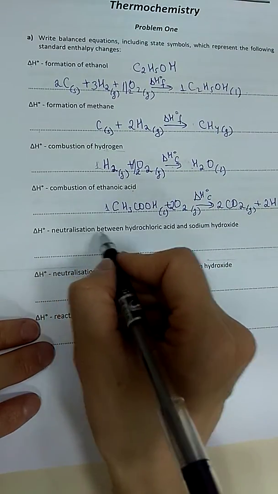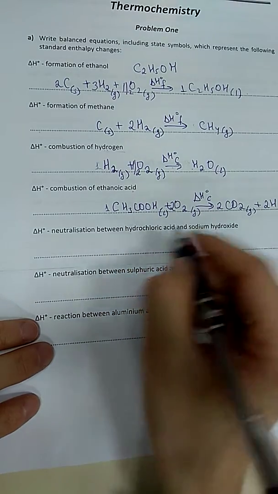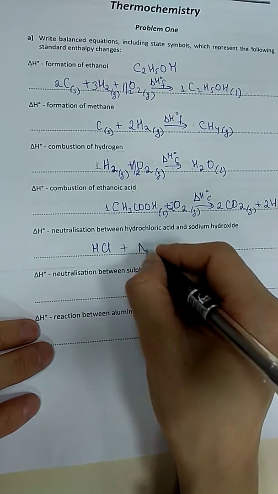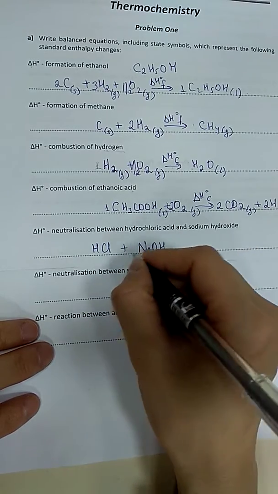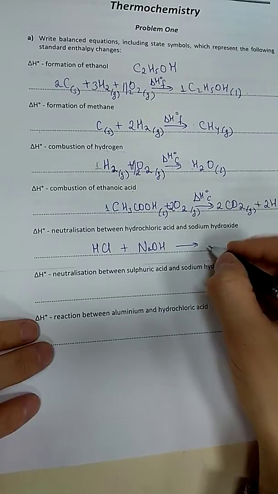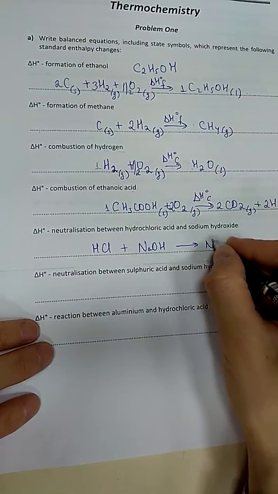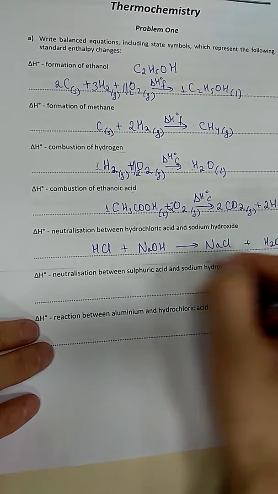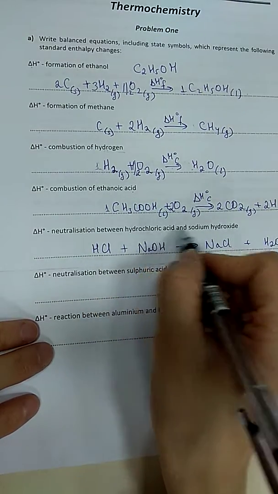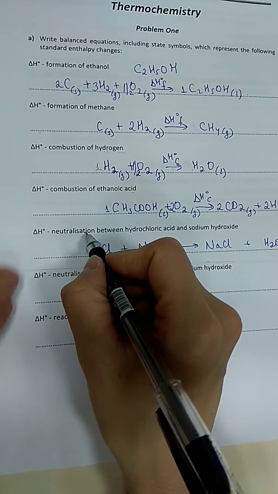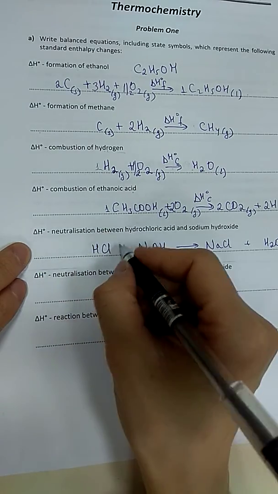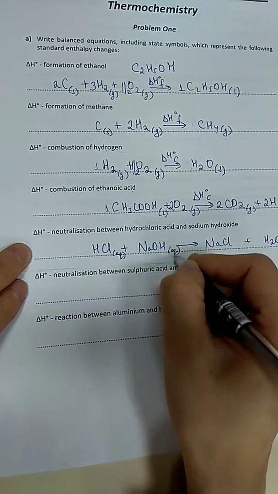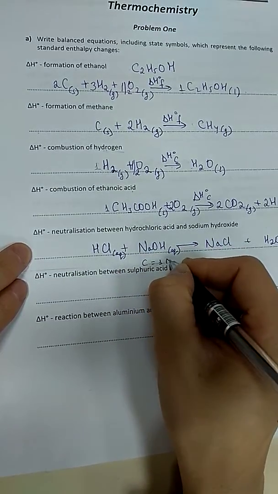This is the enthalpy change for burning 1 mole of ethanoic acid under excess oxygen. Next one, neutralization between hydrochloric acid and sodium hydroxide. So we are reacting an acid, hydrochloric acid, and a base, sodium hydroxide. It's a neutralization reaction, in which we get sodium chloride, a salt, plus water. And remember, when you react acids and bases in neutralization, when you find the standard enthalpy change, everything should be in aqueous state with concentration 1 mole per decimeter cube.